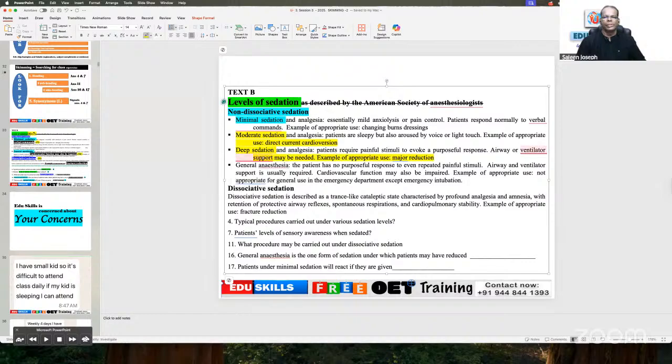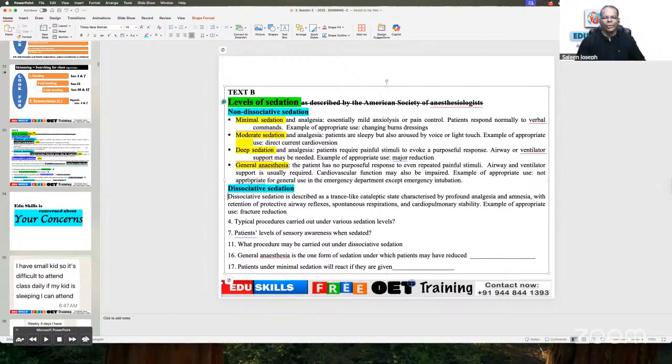Yes, sorry. You need to highlight only those, minimal, moderate, only one word each, but I am just doing the whole thing. You can just underline minimal, moderate, deep, and general anesthesia. Now, next one more, side heading. This is how we skim so fast.